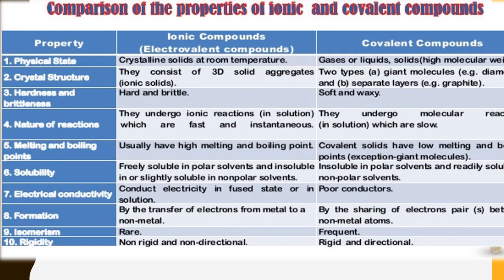Isomerism. Isomerism means different structures. It is rare in ionic compounds. In covalent compounds, isomerism frequently takes place. Rigidity. Ionic compounds are non-rigid and non-directional, but covalent compounds are rigid and directional because they won't make ions easily. So always it is rigid and directional.